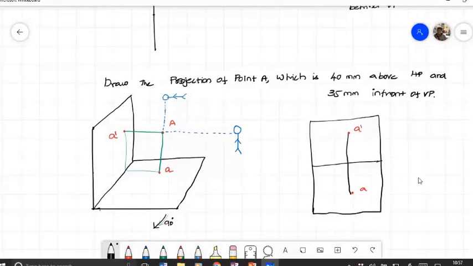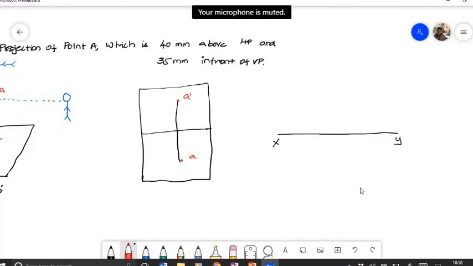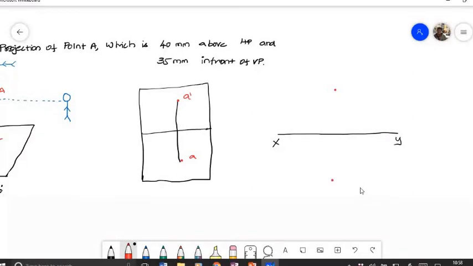But when you are drawing it in the drawing sheet, you need to draw something like this. We need to draw the reference line XY, and you need to mention the point something like this with the help of an HB pencil, and you need to draw a straight line connecting these 2 points.